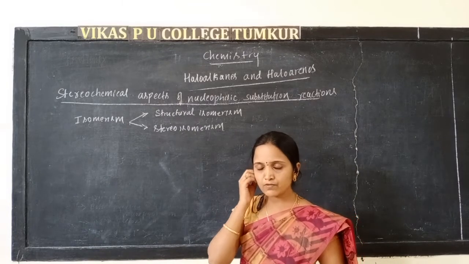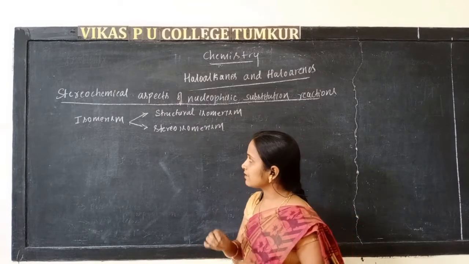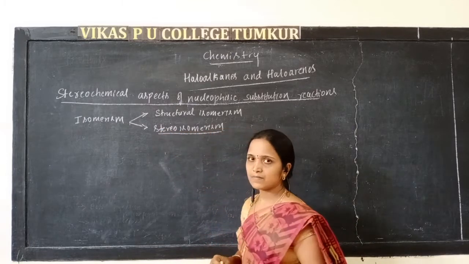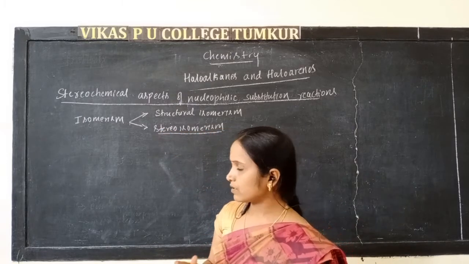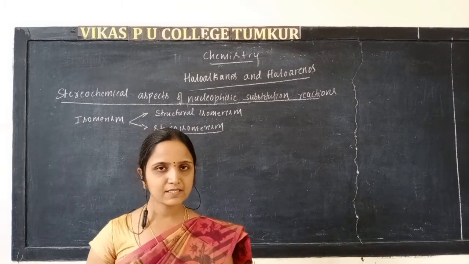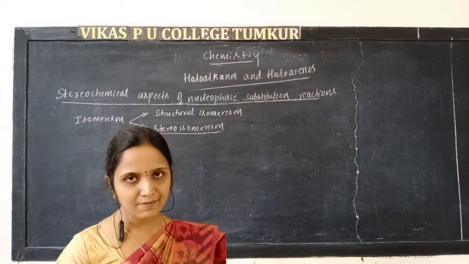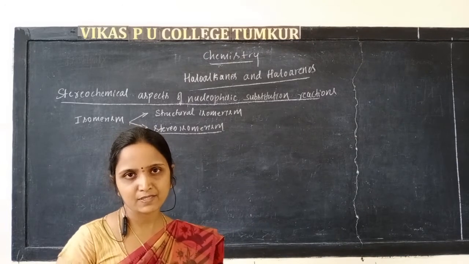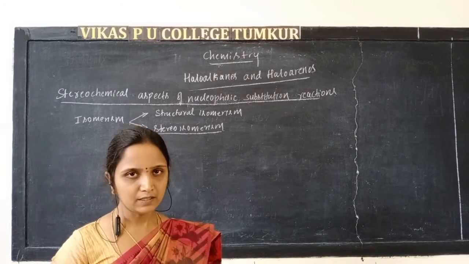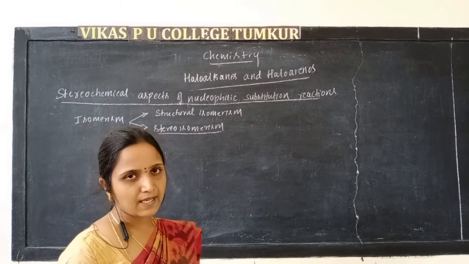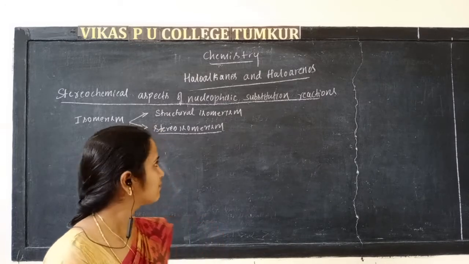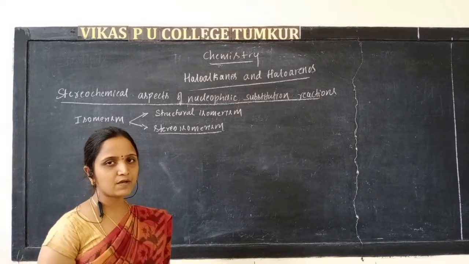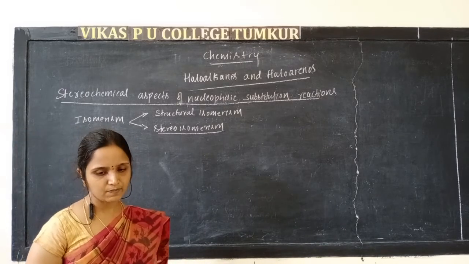Now we are going to discuss mainly stereoisomerism. Stereoisomerism means two or more compounds having the same molecular formula and the same structure, but differing in the arrangement of atoms or groups around an atom. We call them stereoisomers, and the phenomenon is called stereoisomerism.